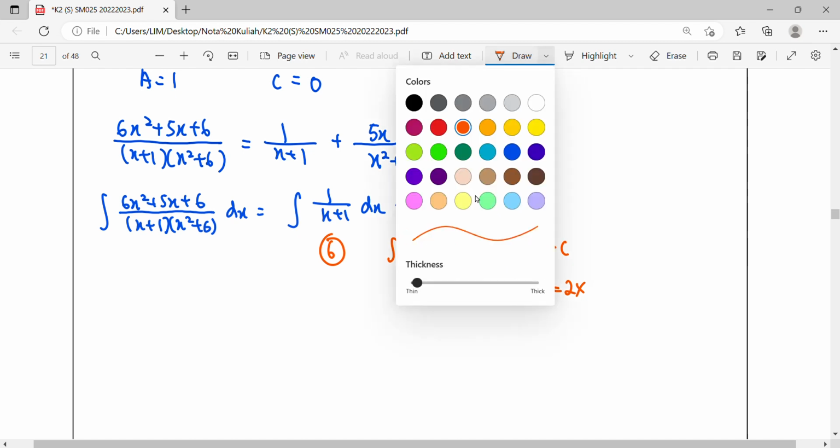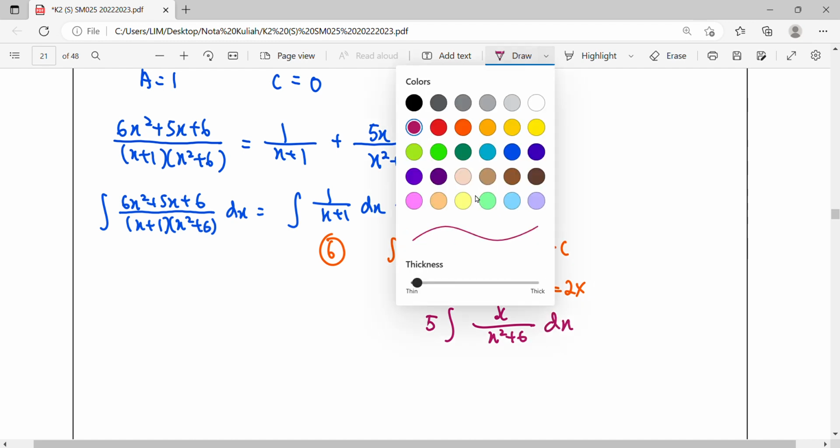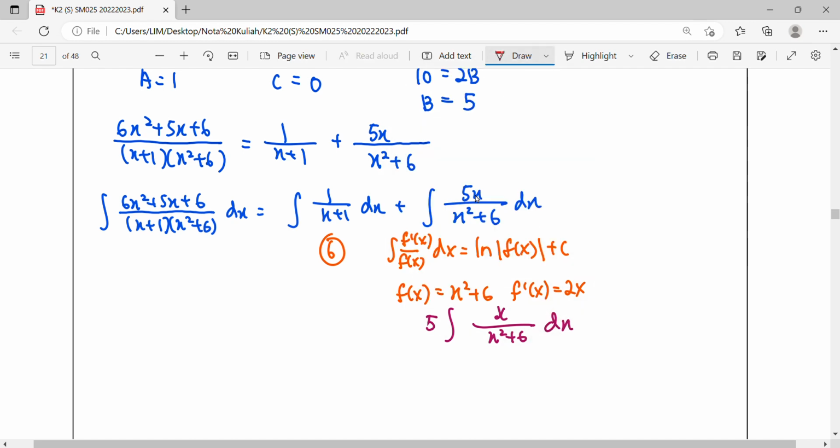How do we get 2x? We factorize out the number 5. Then we multiply with 2 and divide back by 2, so that the expression is equivalent back to the original 5x. But we get the pattern, where this is fx and this is f prime x.